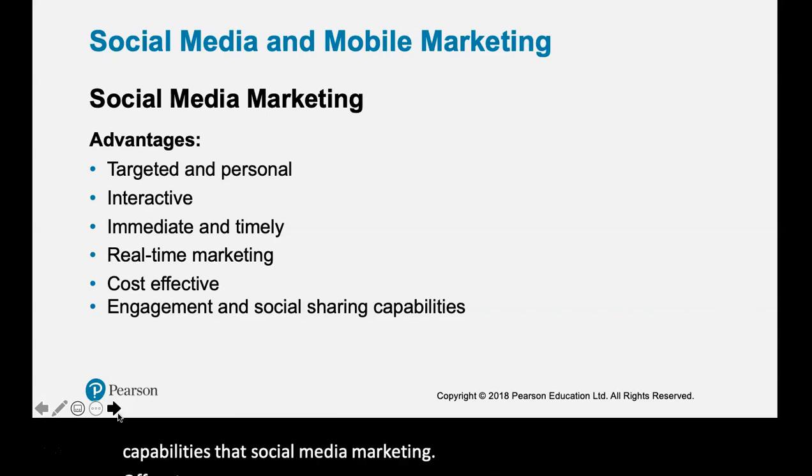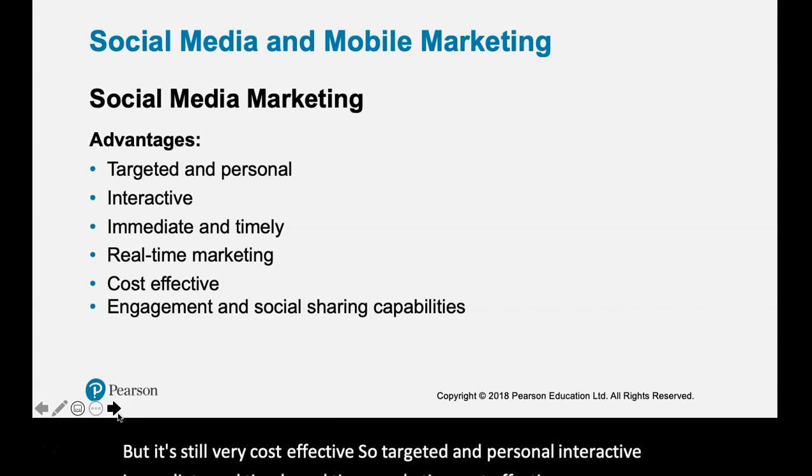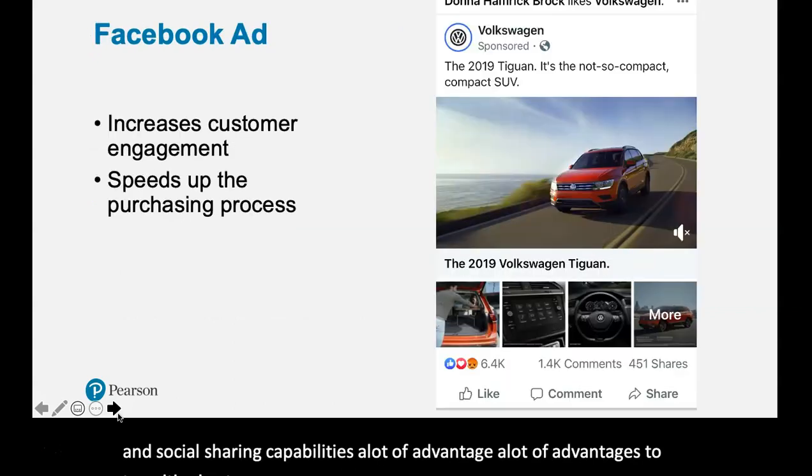But it's still very cost effective. So targeted and personal, interactive, immediate and timely, real-time marketing, cost-effective engagement and social sharing capabilities. A lot of advantages to transitioning to social media marketing.